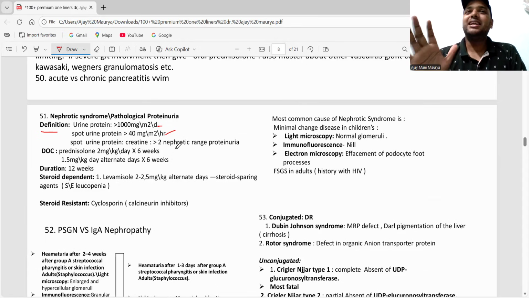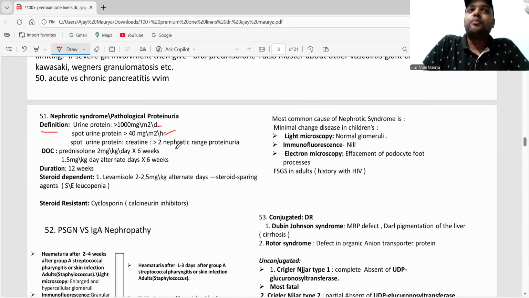These are the definitions of nephrotic syndrome. These are the questions they are going to ask in the exam, so the values are very important.